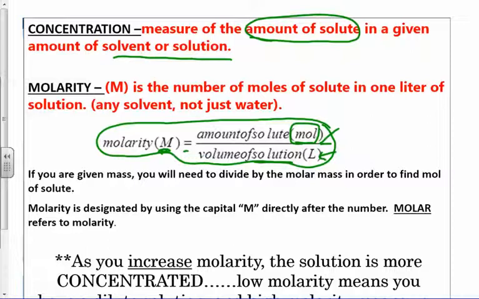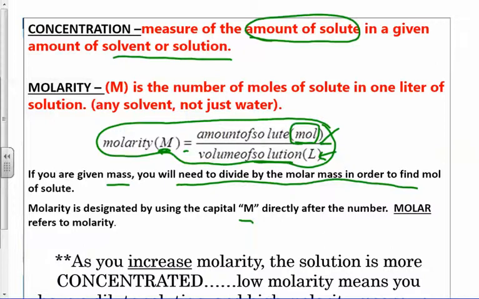And so if you're given a mass, you have to divide by the molar mass in order to find the number of moles of solute. And so you'll have to do some dimensional analysis to do that. Molarity is designated by the capital M directly after the number. So molar refers to molarity.